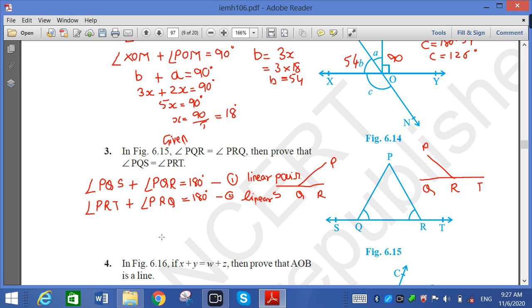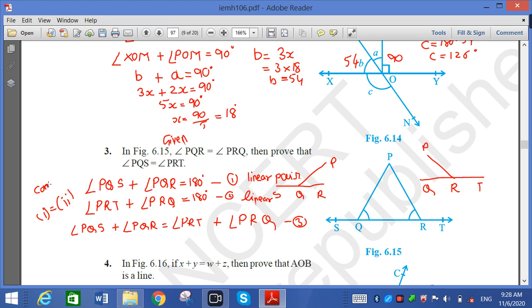Now comparing equation 1 and 2. Comparing equation 1 and 2, PQS plus PQR is equal to PRT plus PRQ. This is the third equation.